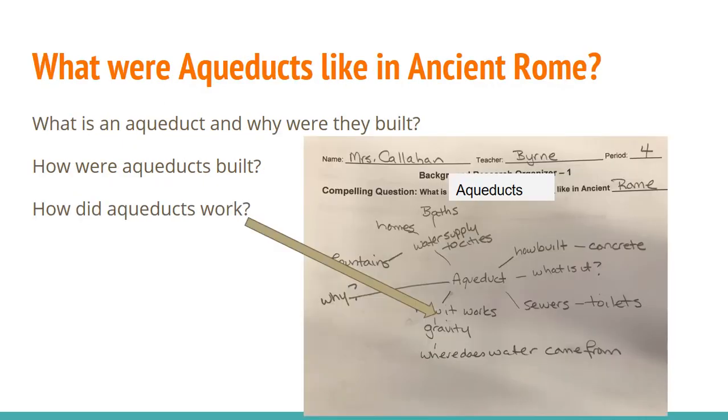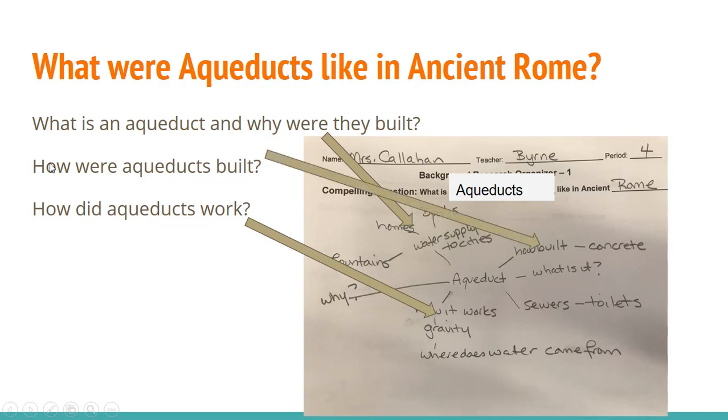We're going to take a look at some. A lot of times you do some background research, and as you do some research, you put your topic in the middle and you jot down different topics, different headings in a chapter, things like that, so you get a sense of your topic. And from that, you can add questions. So this whole section had to do with why an aqueduct was built.